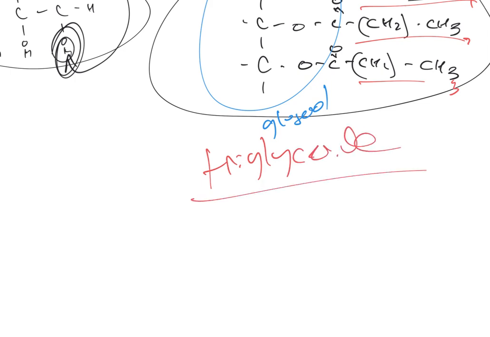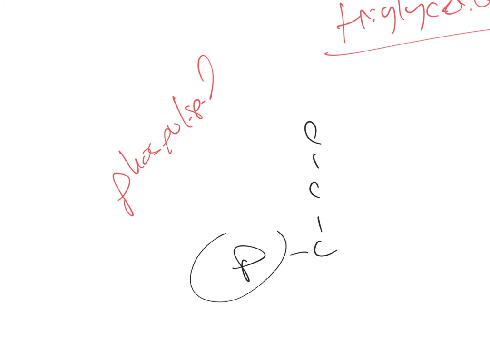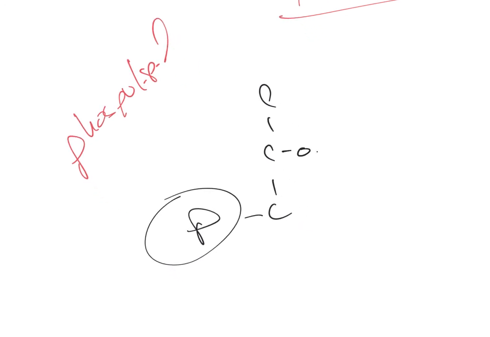If I'm drawing a phospholipid, there's my glycerol, CCC. But now, this one has a phosphate group, O, CO, CH2, CH3.